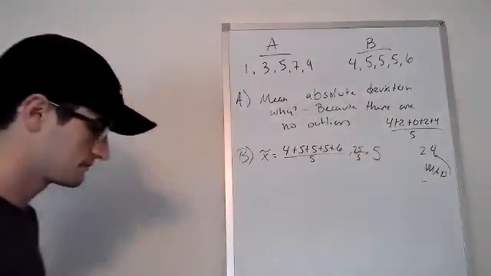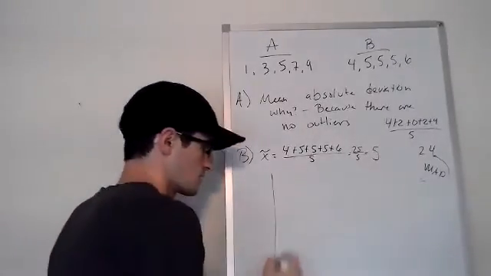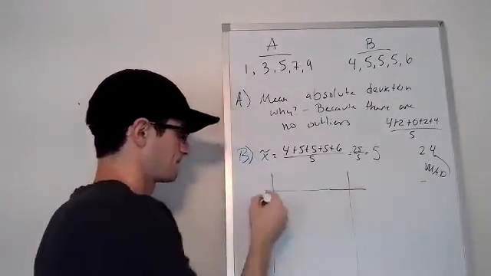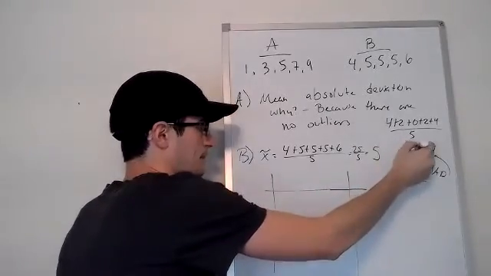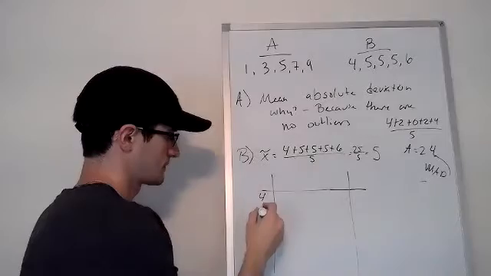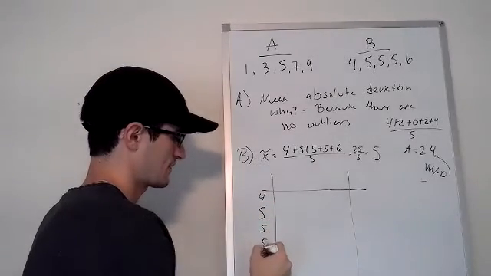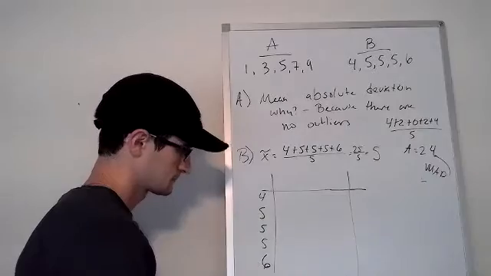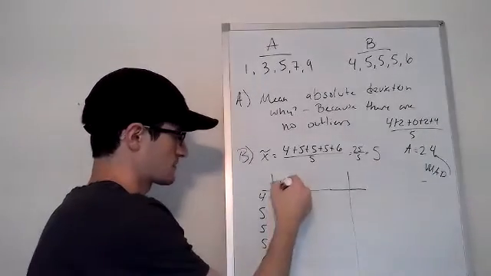All right, same mean. The table's going to look a little different this time, though. So that's A. So it's 4, 5, 5, 5, 6.